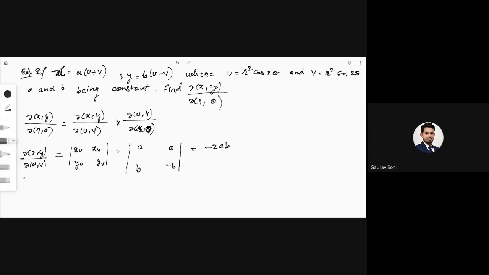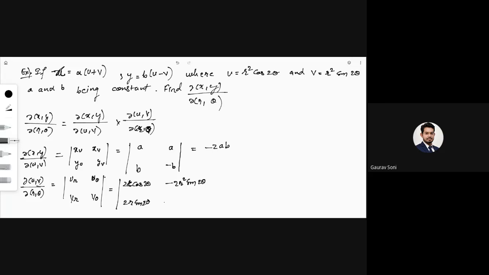Then the Jacobian of u, v with respect to r, theta. This is the determinant u_r, u_theta, v_r, v_theta. So u_r is 2r cos 2 theta. u_theta is minus 2r square sine of 2 theta. v_r is 2r sine 2 theta.